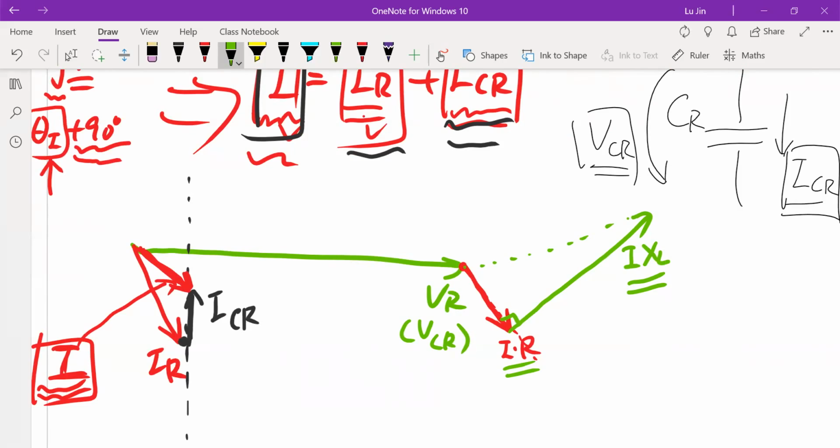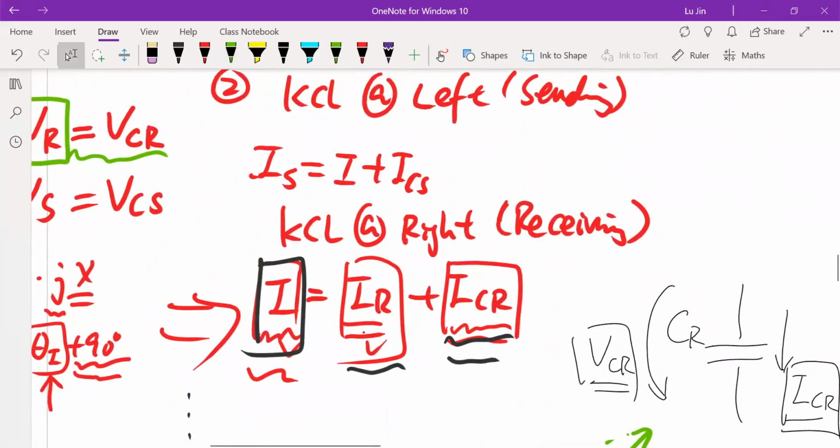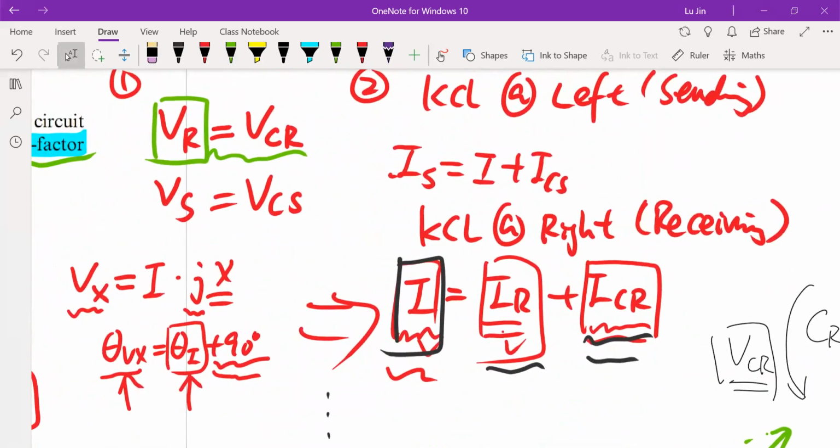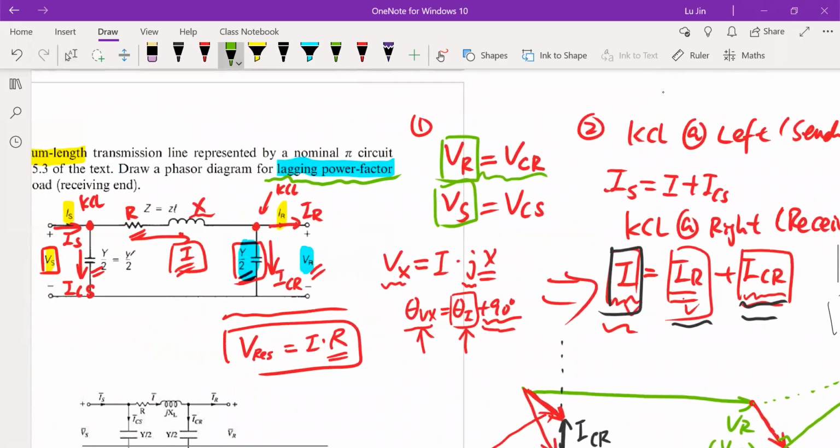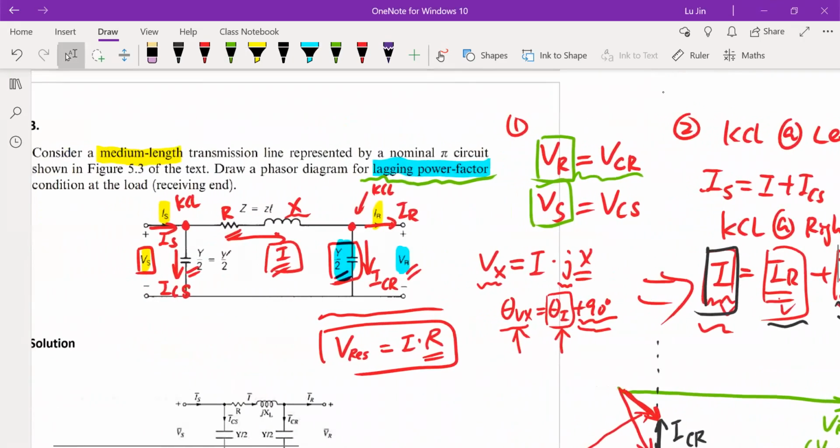Okay, but why do we need it? Because in this part, our target is to determine the Vs vector here. Vs is equal to the voltage across the sending side capacitor.